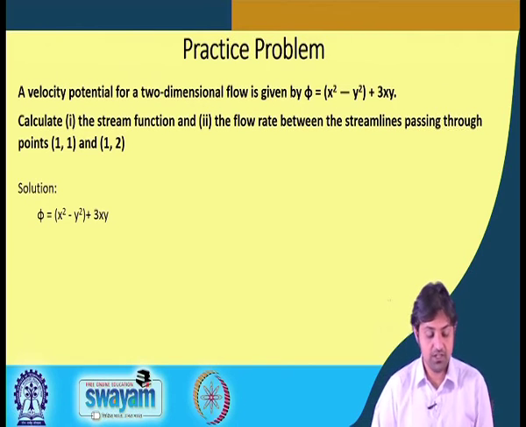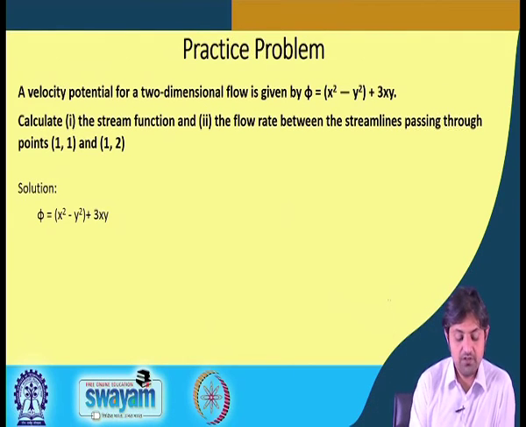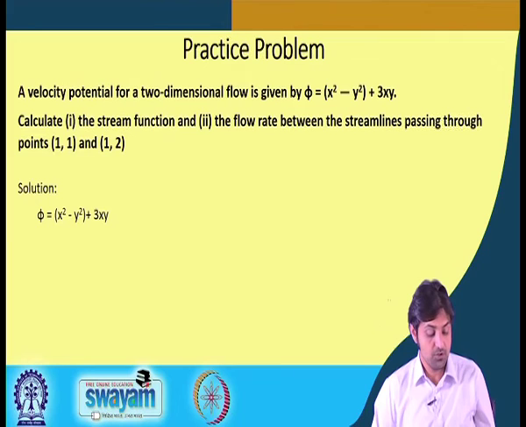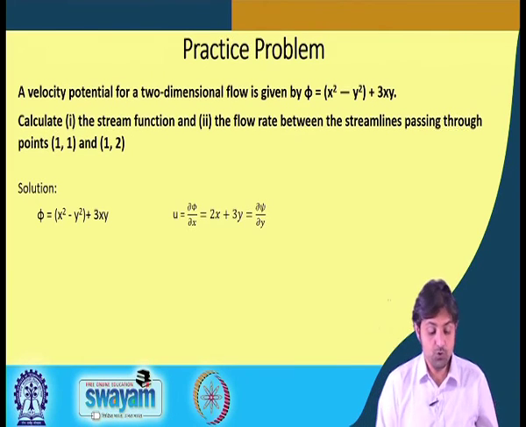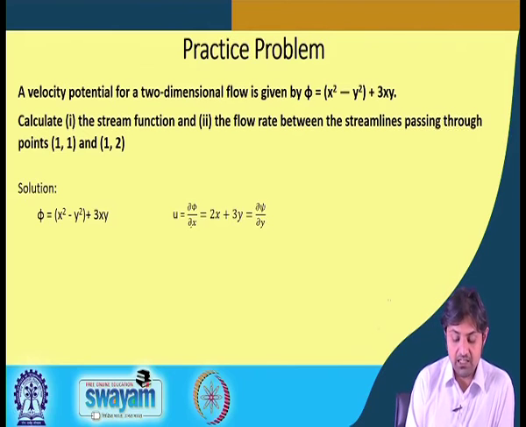First we write what is given to us: phi is equal to x square minus y square plus 3xy. We are going to use one of the equations. u can be written as del phi by del x, and u can also be written as del psi by del y.